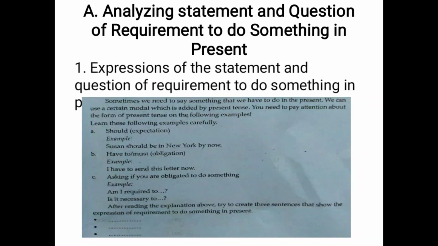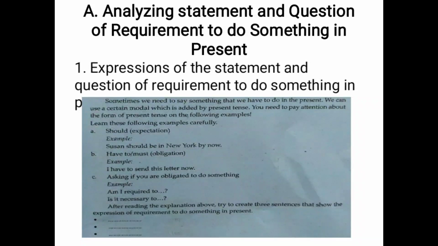A, should. It means expectation. Example, Susan should be in New York by now. Another example, Sissy should be in Korea by now. Okay, it is the other example.